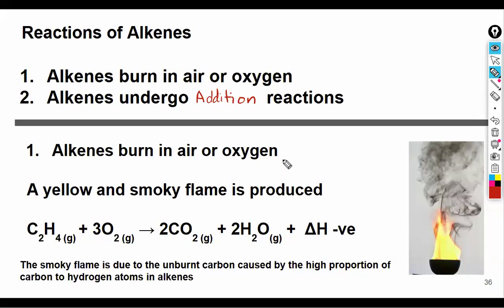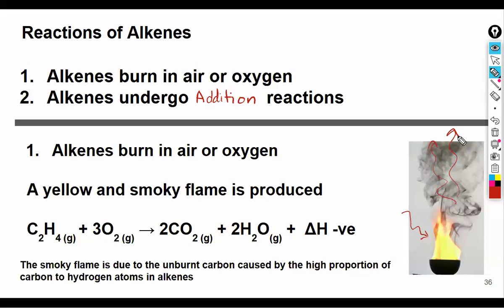And on the screen here, we have the first thing: alkenes burn in air or oxygen. However, when alkenes burn, they don't form a nice blue clean flame. This is where you get a yellowish flame, and you get smoke. So fuels are not like for gas, right?